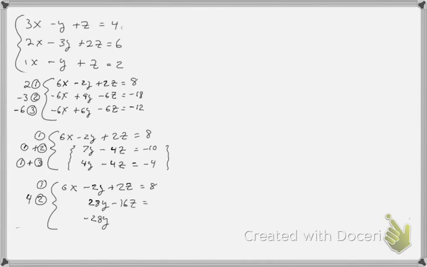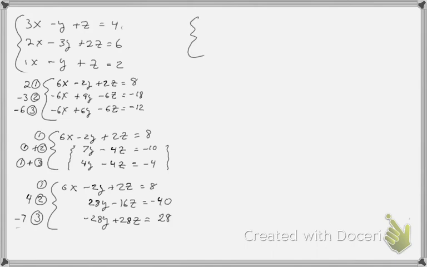And on the right-hand side, 4 times negative 10 is negative 40. To get a negative 28y in equation 3, I currently have 4y. I'll have to multiply that by negative 7. And then I'll distribute negative 7 across the equation. Negative 7 times negative 4z is positive 28z. And on the right-hand side, negative 7 times negative 4 is positive 28.